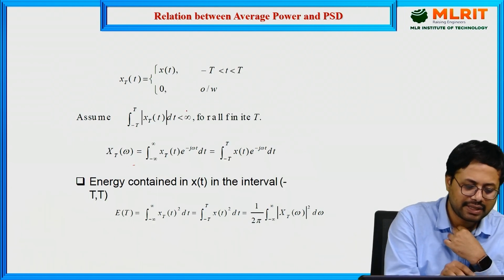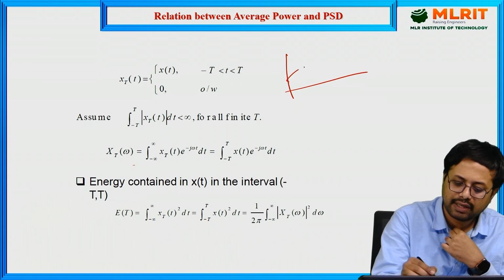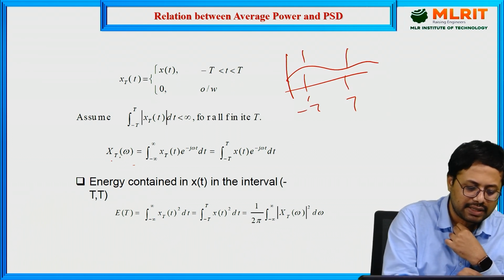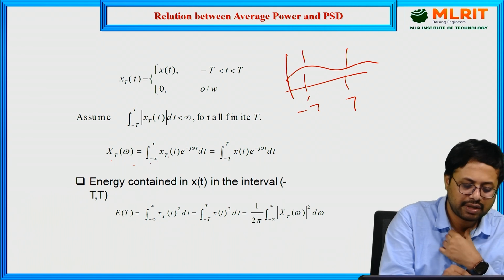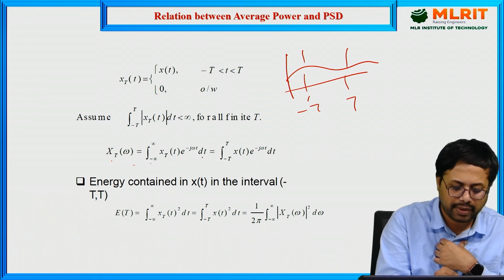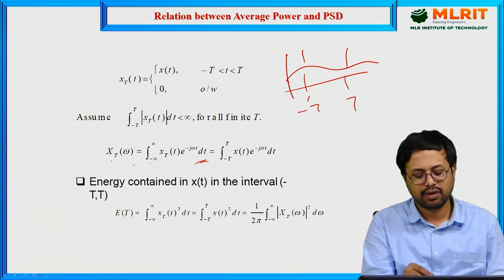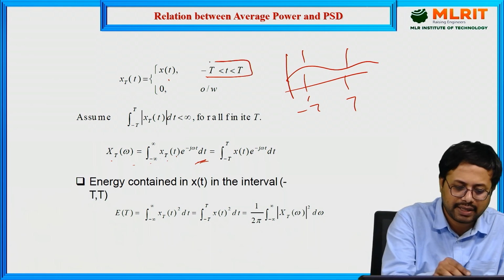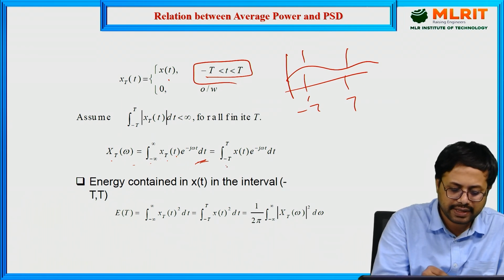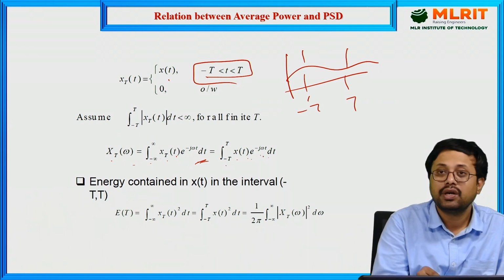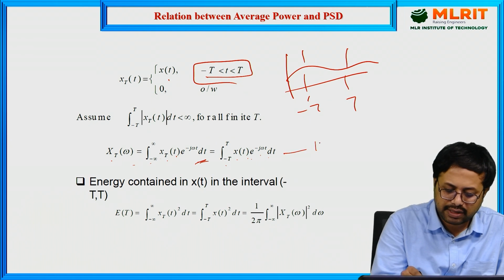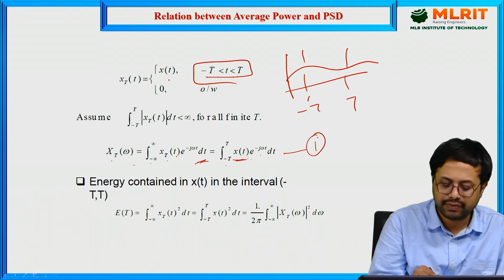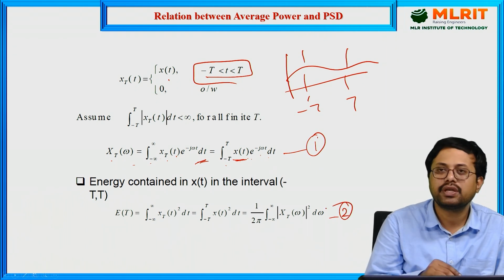Here we are discussing only a certain time period, that is minus T to T. x_T of omega is the integral from minus infinity to infinity of x_T of t e power minus j omega t dt, which is equal to, since x_T of t is equal to x of t for the interval minus T to T, the integral from minus T to T of x of t e power minus j omega t dt. You know this relation; this is in time domain, and we have to convert it into the frequency domain by using the equation 2 relation.